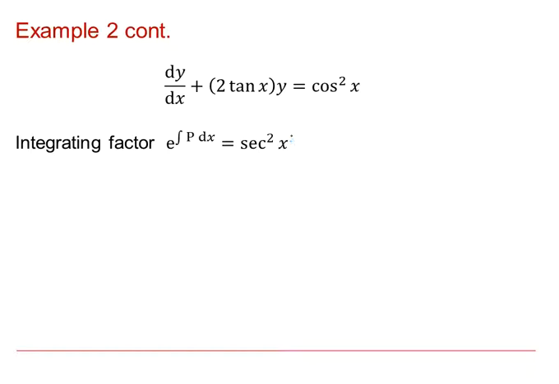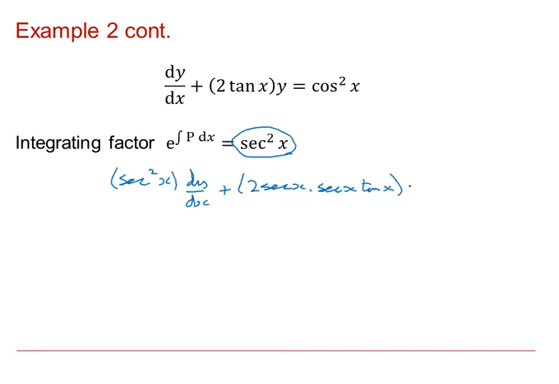So now we've got the integrating factor, there it is, sec squared x. I'm now going to multiply both sides by sec squared x to see what we get. So sec squared x, I'll put it in brackets to make it a bit clearer, dy by dx plus, and if you multiply 2 tan x by sec squared x, then we can think of it as 2 sec x times sec x tan x, and you'll see why it's helpful to write it like that in a moment, times y, and don't forget to multiply the other side by sec squared x.